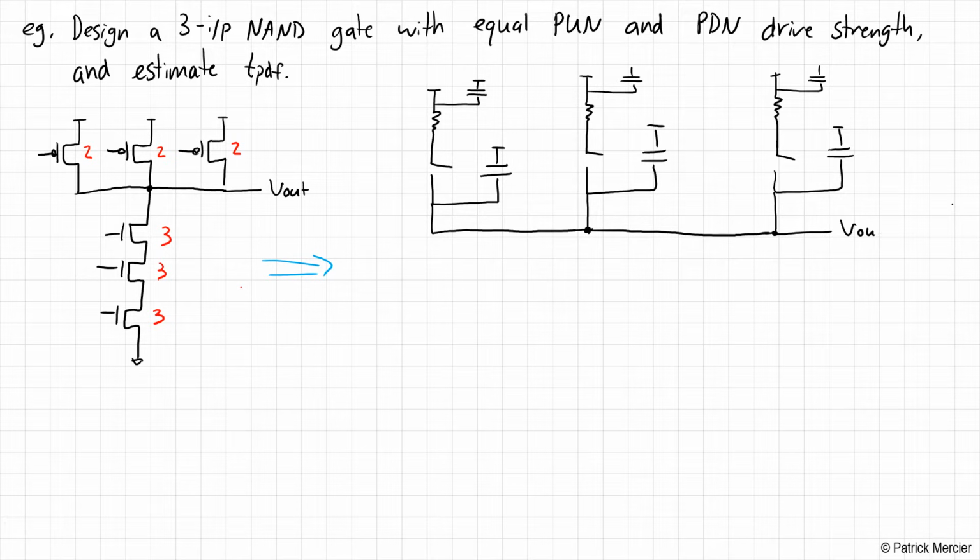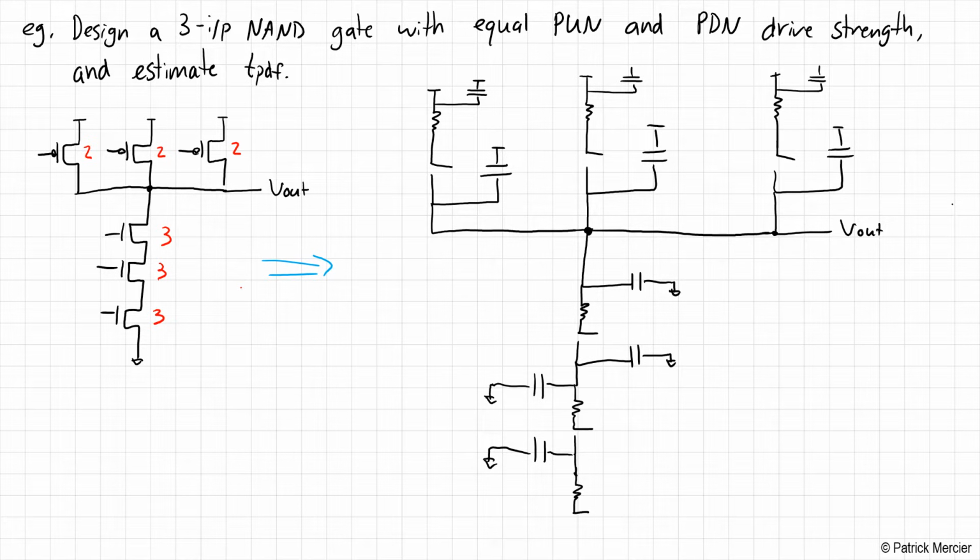This connects to Vout. Then we want to look at the pull-down network. And in this case, we have 3 NMOS transistors. I'm just going to draw these capacitors on opposite sides just for a little bit of clarity here. Okay, we're just able to fit this in here.